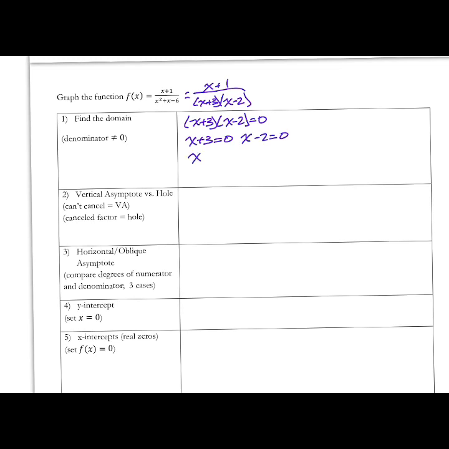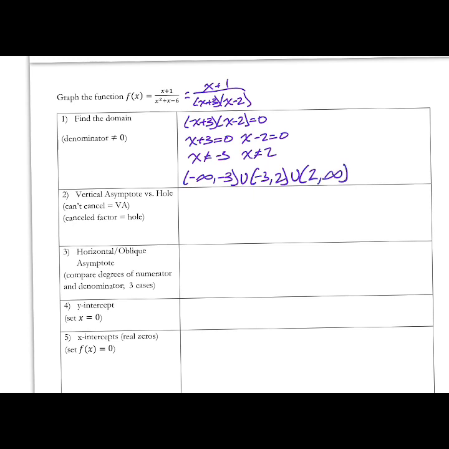So x equals negative 3 and x equals 2, or rather they can't equal that because that's what makes the denominator 0. So my domain would be negative infinity to negative 3 joined with negative 3 to 2 joined with 2 to infinity. Okay, great.